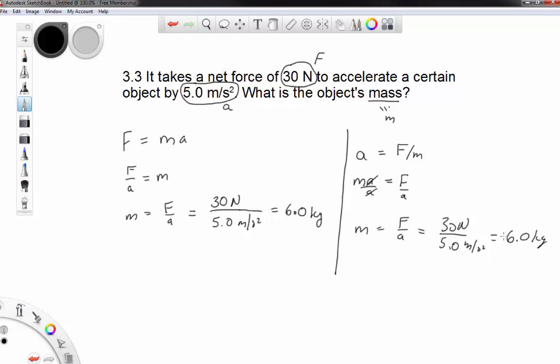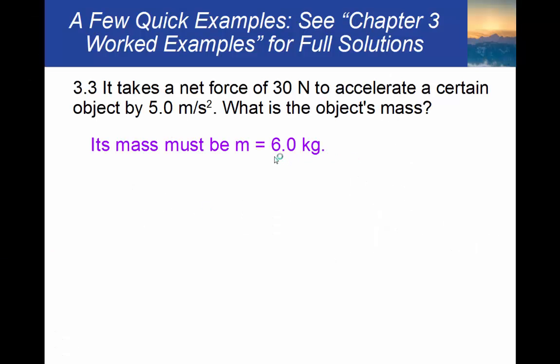And again, that's 6.0 kilograms. So you see that these two equations that I have are different ways of stating the same Newton's law. Therefore, the object's mass in this case should be 6.0 kilograms.